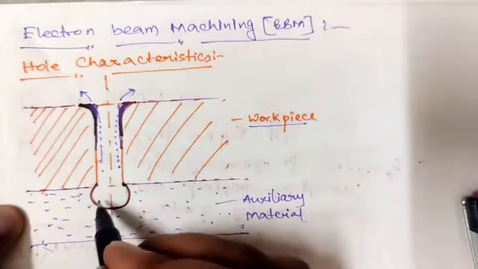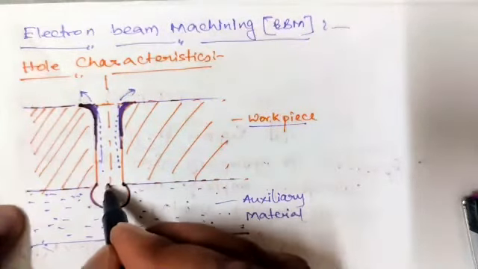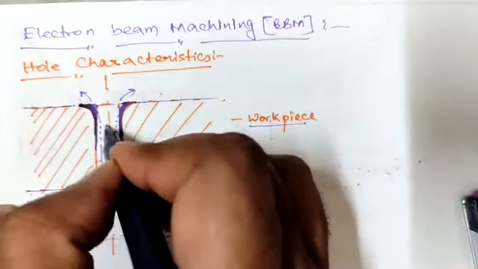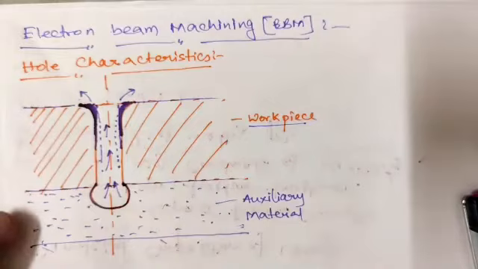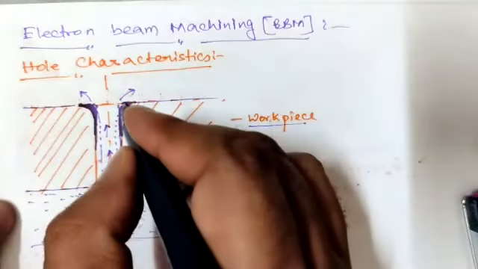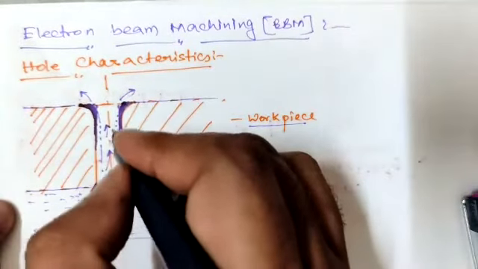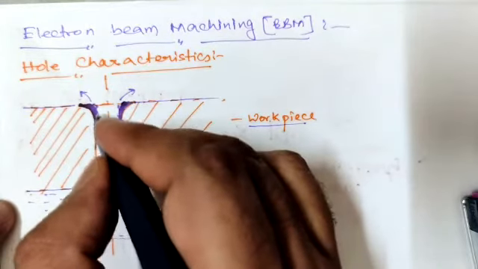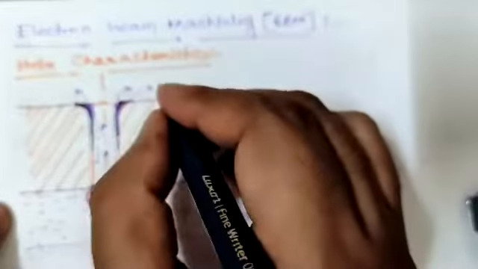From this way we will be evacuating the molten metal. While moving in this path, some amount of molten metal will get deposited in this zone, so this will be nothing but a recast layer.